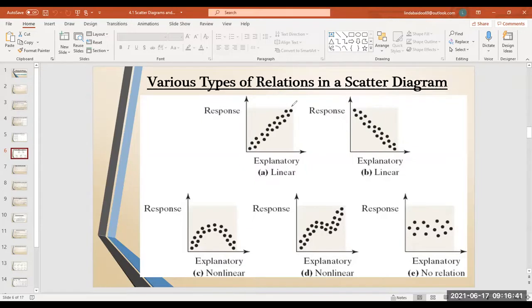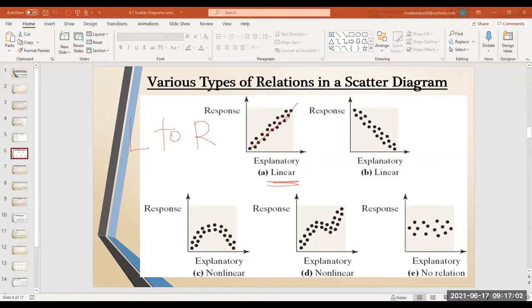In situations where you can see that they are moving in the same direction, from left to right, as in algebra, you can see that this is increasing. If I were to draw a line through some of this, it is going upward. When it is increasing, we can draw a straight line. Because we can draw a straight line, we can think of this as linear.